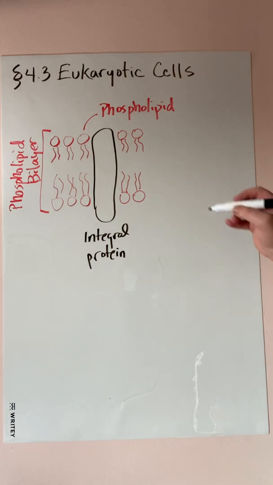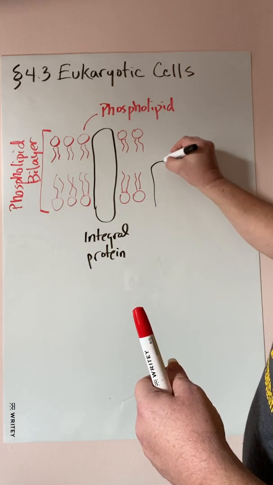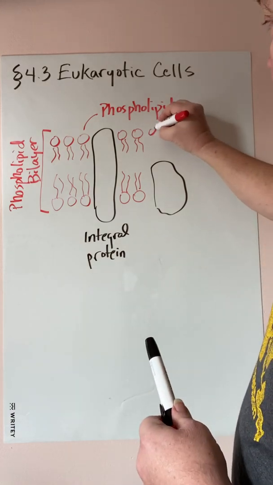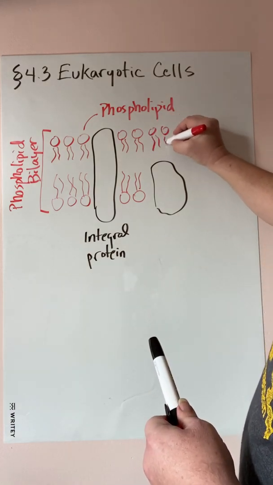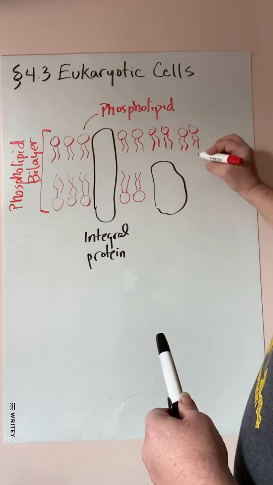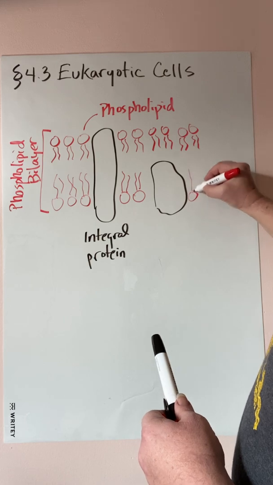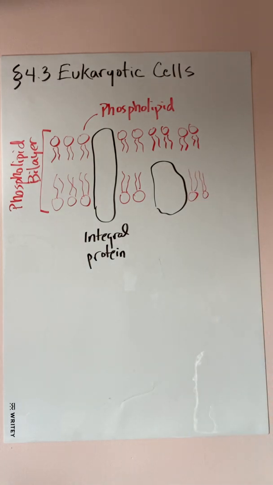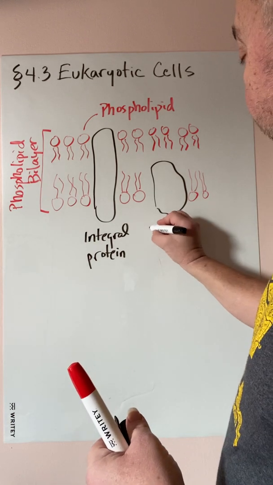If, however, it only goes halfway across, so I'll draw it so you can see that this one does not go all the way across, and there's some more phospholipids, then it is called a peripheral protein.